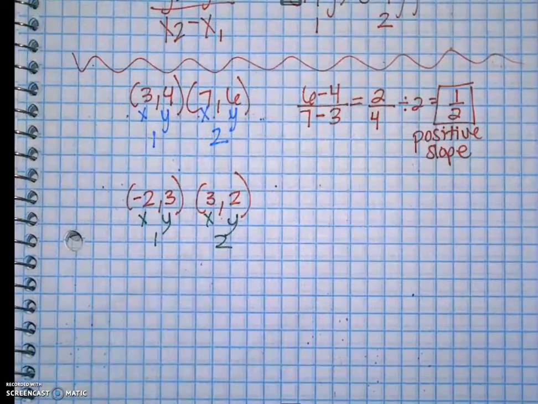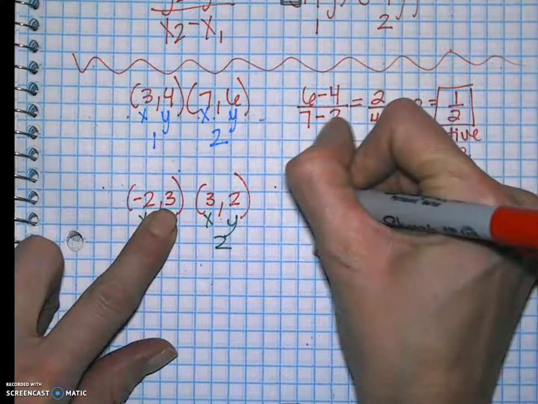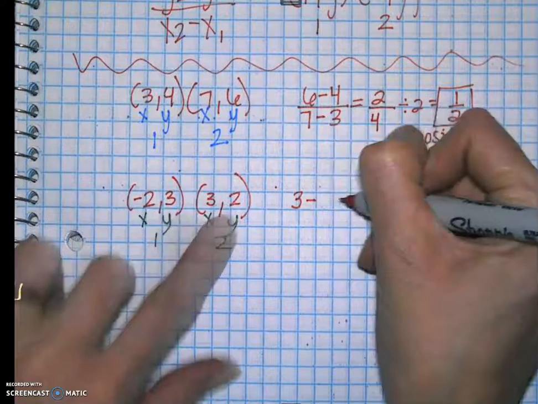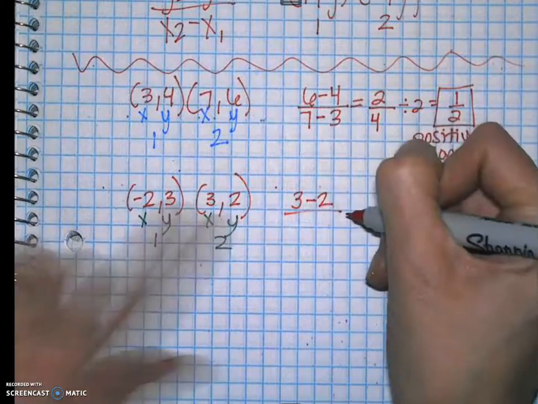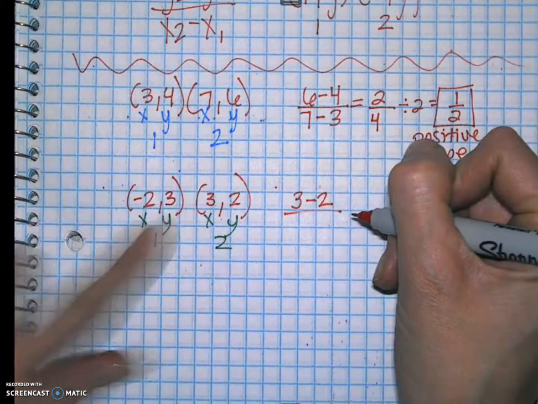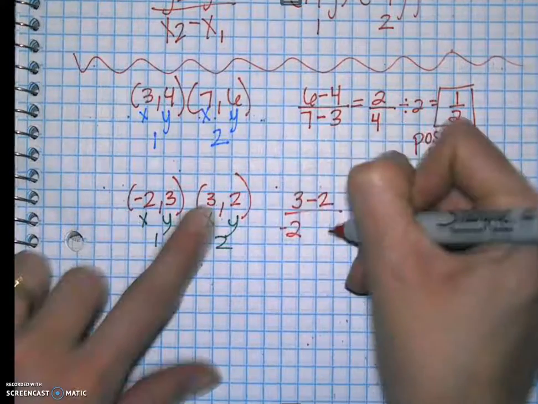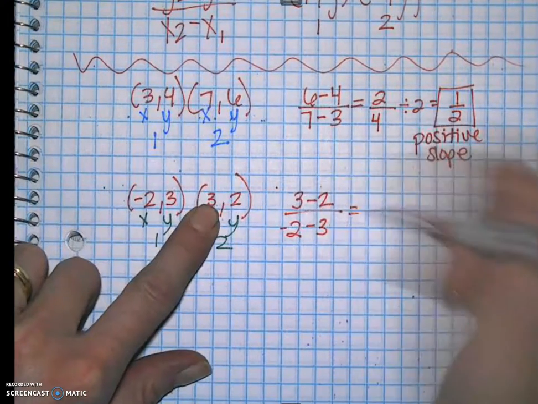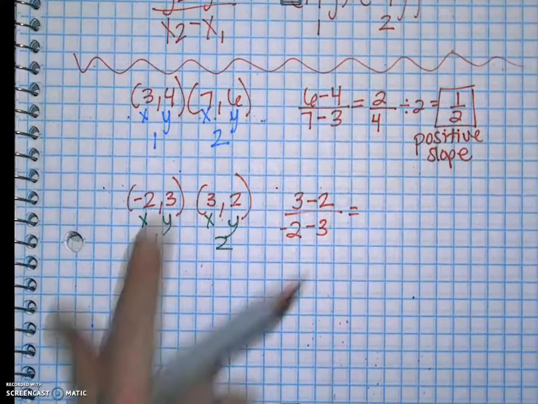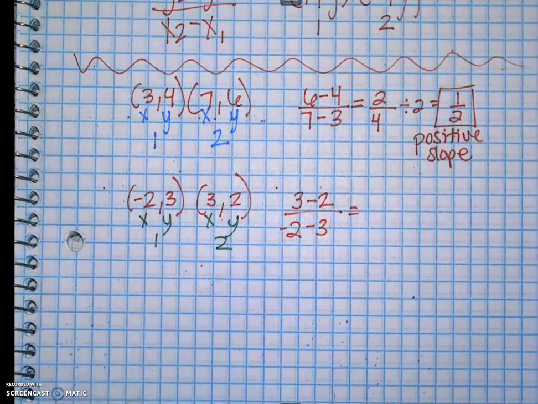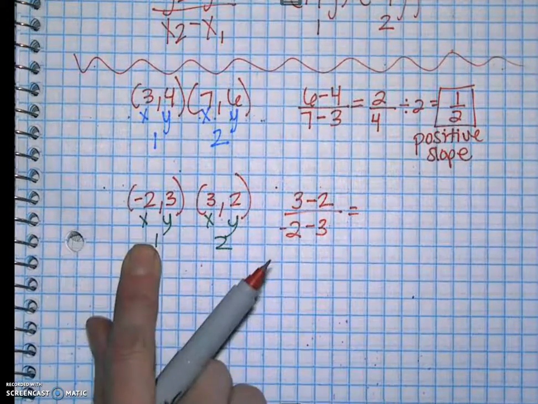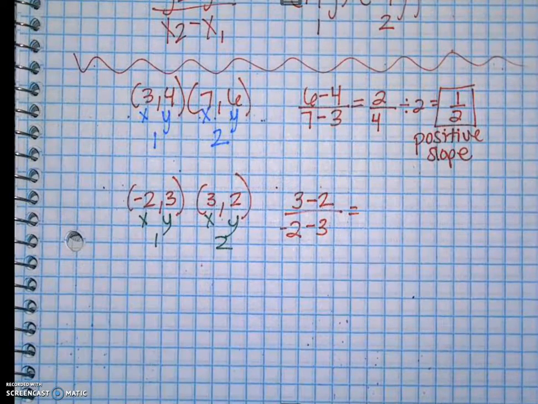Watch, I'll start with a 3 this time. So I'm going to do y minus y. Because I started with this y, I'm going to start with this x, negative 2 minus 3. Okay? So as long as you start with the same one each time, it doesn't matter if you start with the first one or the second one, it'll still give you the same answer.